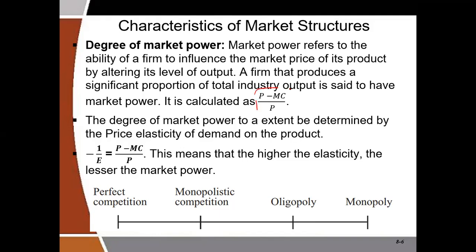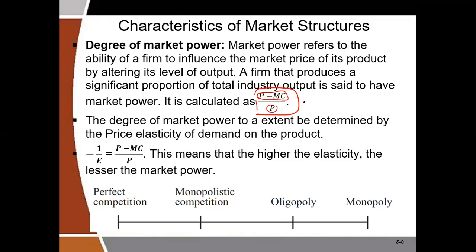So this index here simply tells the percentage of your price, that is your markup. So price minus marginal cost is actually the markup profit, okay? Divided by price, and if you multiply it by 100, you get a percentage of your price, that is your profit or your markup profit. And it means that if this ratio here is very high, you are able to set your prices far above your marginal cost.